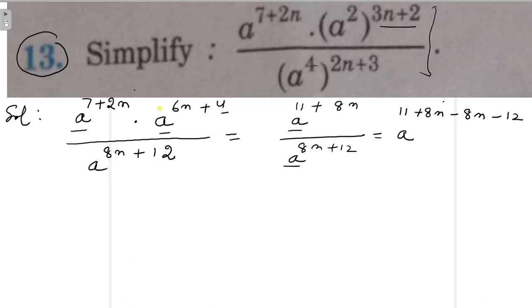Plus 8n minus 8n is gone. So minus 12 plus 11, a raised to power minus 1. Or if we want to change this minus into plus, we will reciprocate a. So this is your answer. So this was question number 13. Now we will move on to the next.